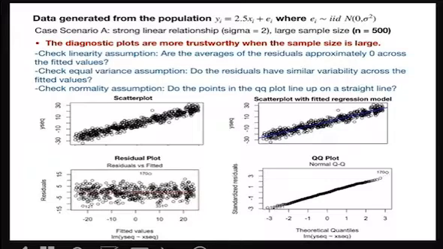I'm assuming my error follows a normal distribution with mean 0 and variance sigma squared. When I was doing my coding, I made sure that I used a sigma equal to 2.